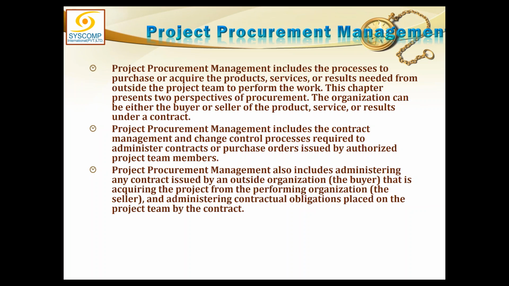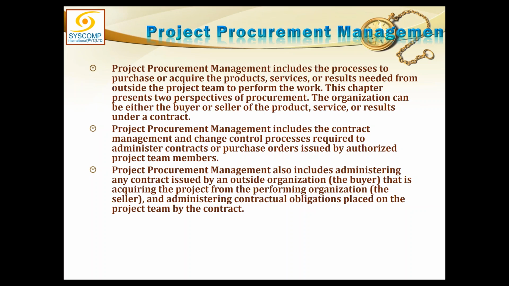Project procurement management includes the contract management and change control processes required to administer contracts or purchase orders issued by authorized project team members. So for all the contracts we outsource, there has to be a mechanism responsible for the management of all the contracts being given out from the project, and to maintain and control the change through a documented process and keep it updated.